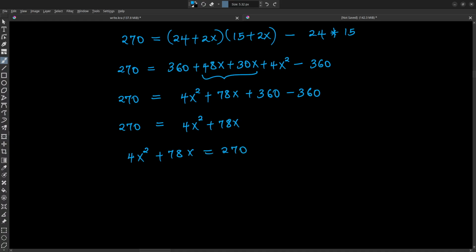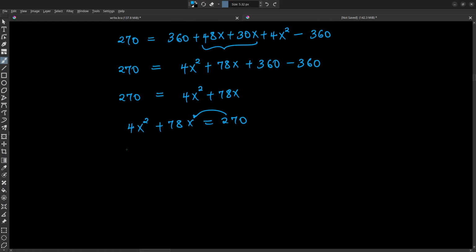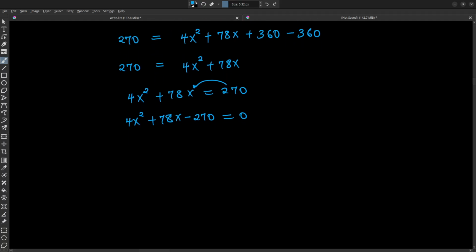This is obviously a quadratic equation, right? Let's take this 270 to the left. So this becomes 4x squared plus 78x, and when the 270 comes to the left, it becomes minus 270, and this is equal to 0. Let's solve this using the completing the square method.